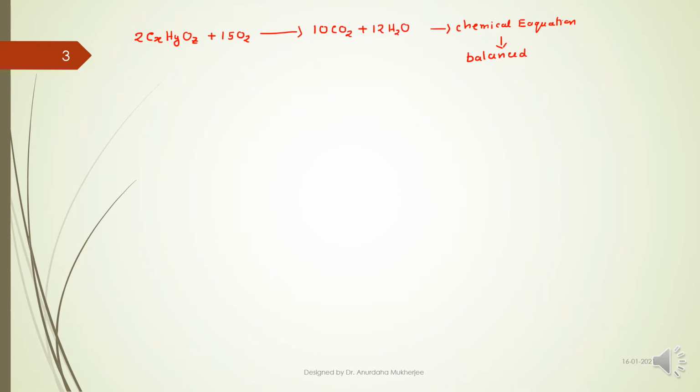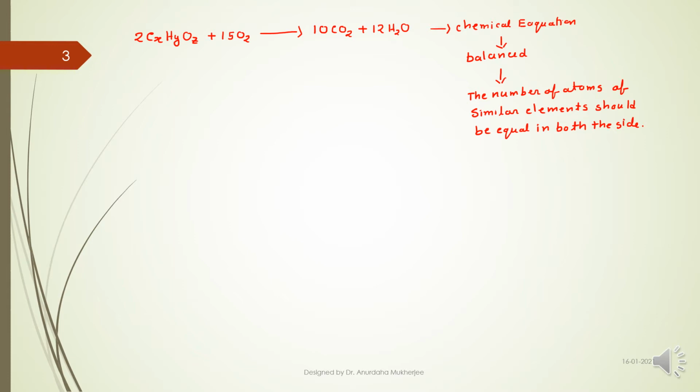Balanced chemical equation means the number of atoms of similar elements should be equal in both sides. Both sides means the left hand side is the reactant side and the right hand side is the product side.